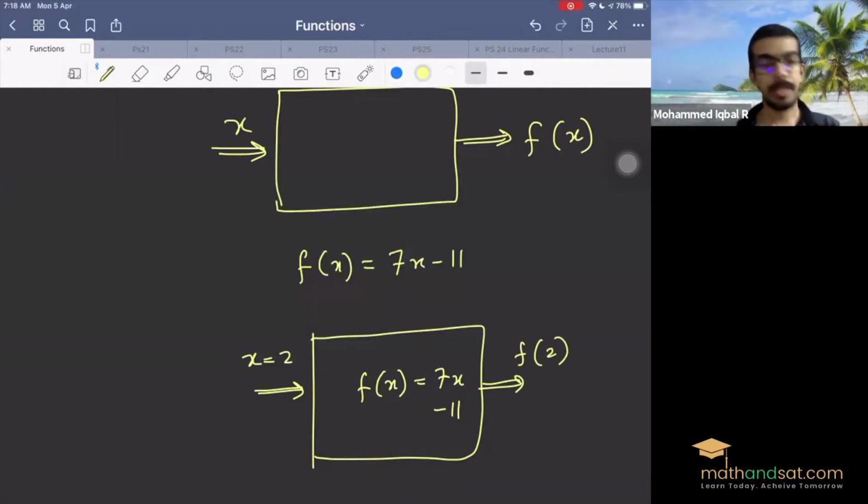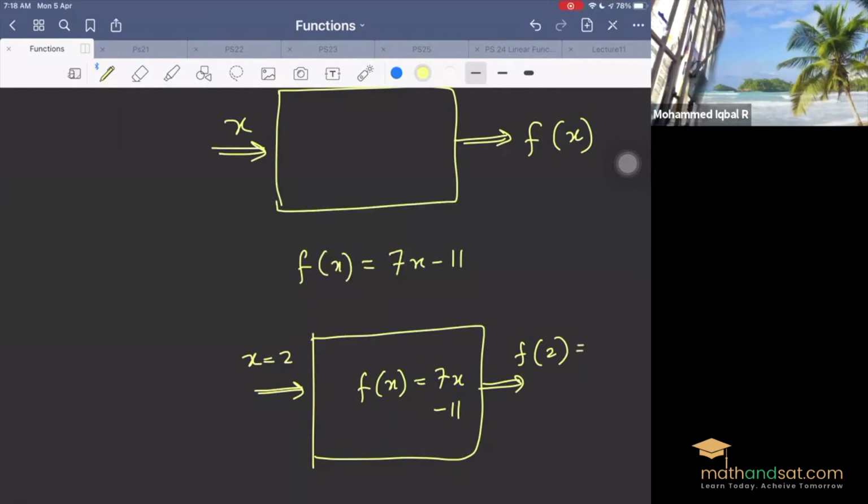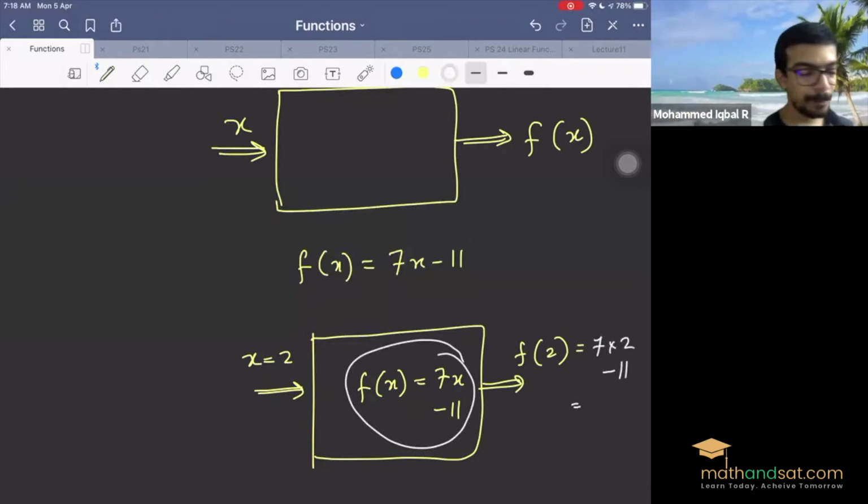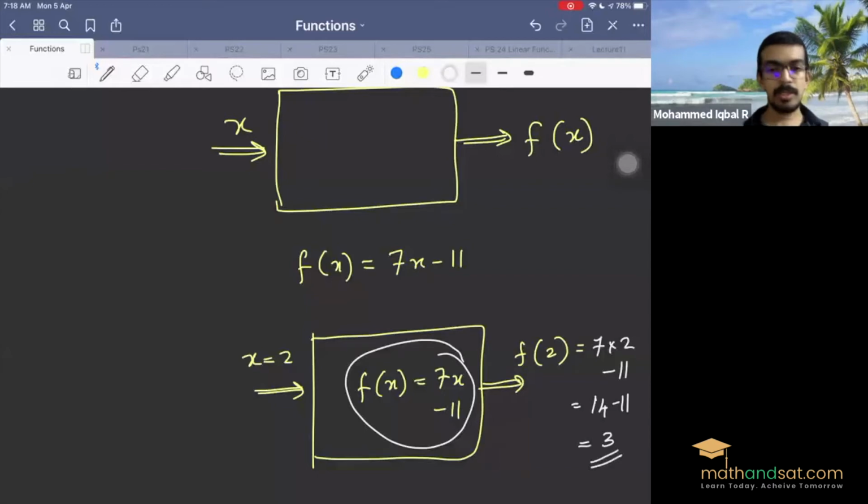That can be evaluated using this expression. So f of 2 is going to be 7 times 2 minus 11. So this is 14 minus 11, which is 3. So this is the basic idea. This you already know, right? Yes.